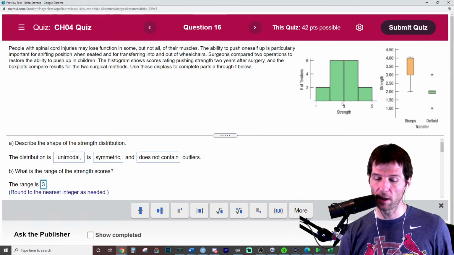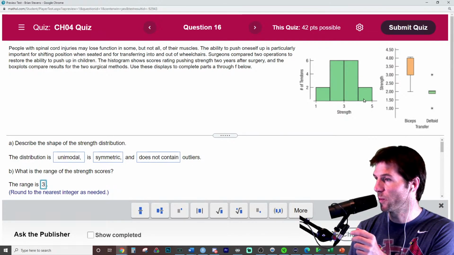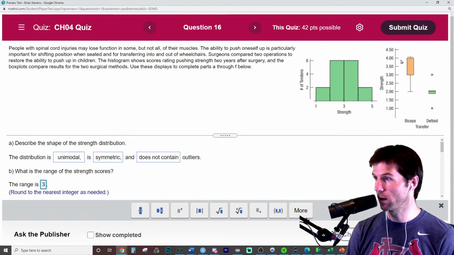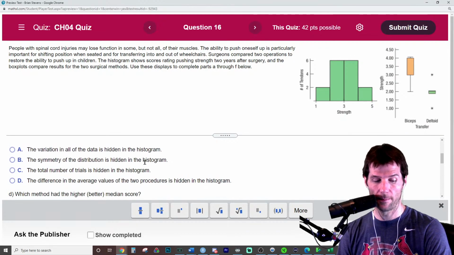Any number from 3 to 4, not including 4. Any number from 4 to 5, not including 5, because if it goes up to that number, it's in the next bin. And if you notice right here, this number of 4 would be about here, thus contained in this bin. We don't actually go up to 5. So it goes from about 1 to about 4, and that's very clear. So 4 minus 1 is the range of the data. Do not be tricked by this right here.